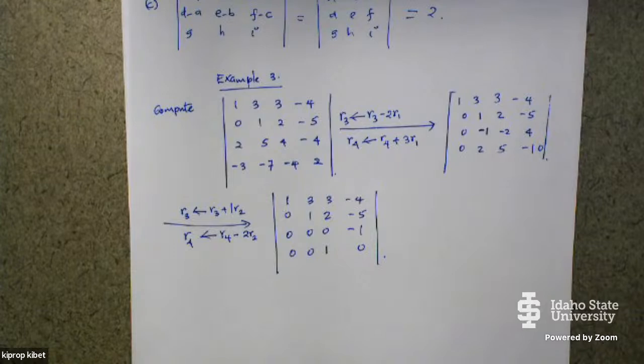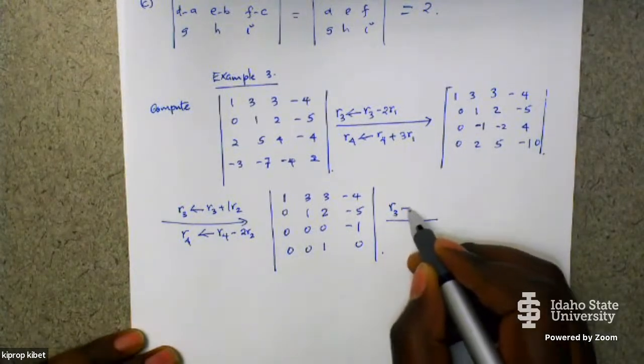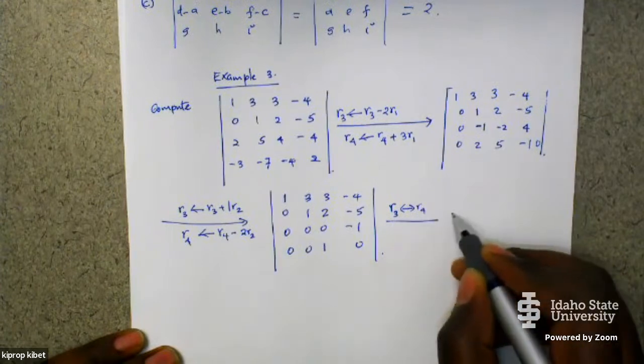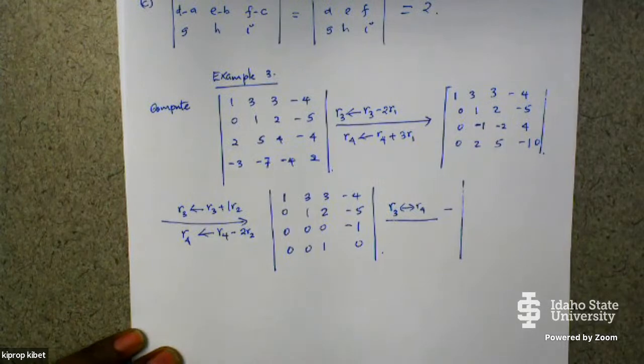Now, if you look at this, what is happening here? This is a determinant, so what can we do? We can switch rows. When we switch, what happens to the determinant? When we switch R3 and R4, the negative will come outside.